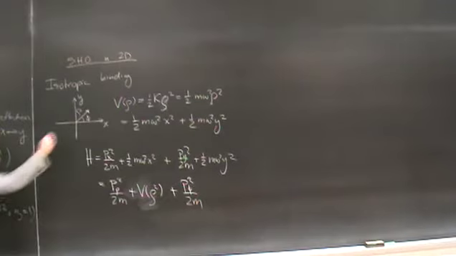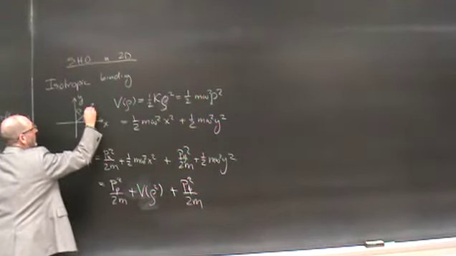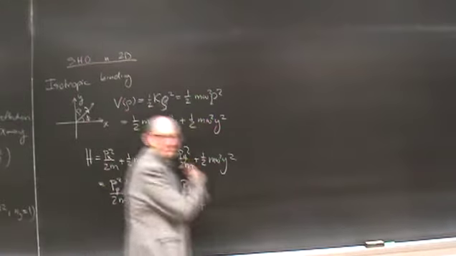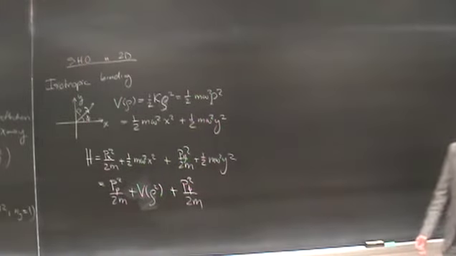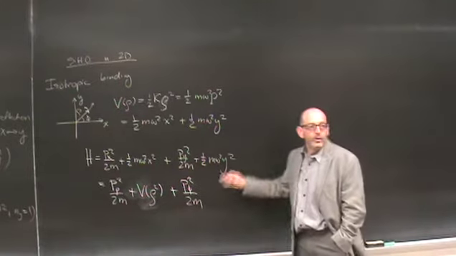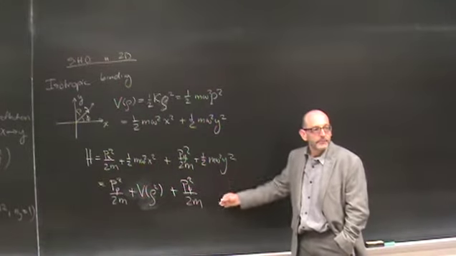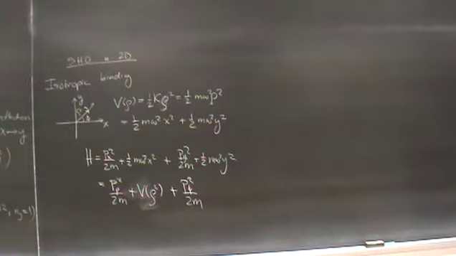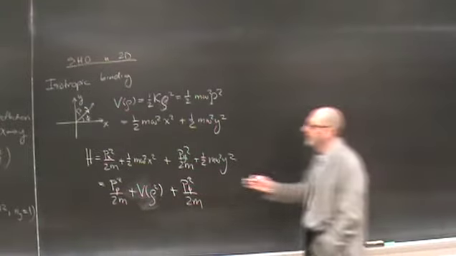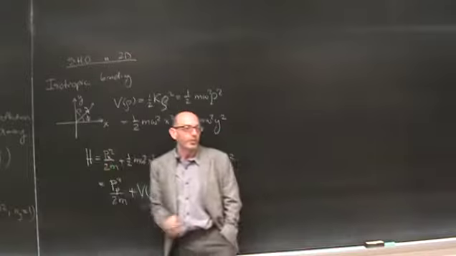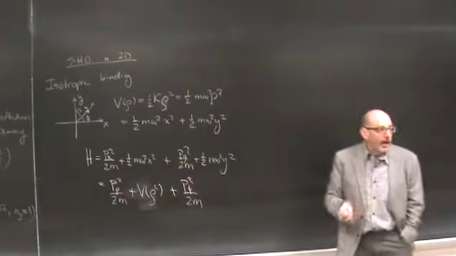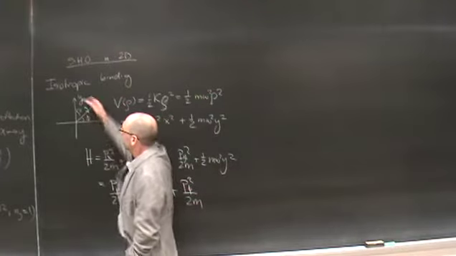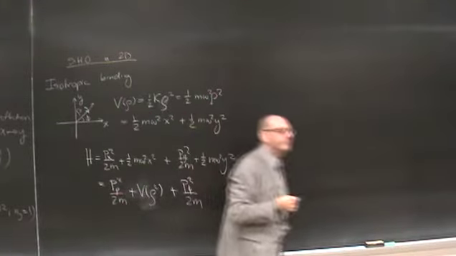Where I can have momentum along rho and momentum along phi, if I like, right? So this problem is separable in two different sets of degrees of freedom. In principle, I could separate it in terms of motion along x and y, or I could separate it in terms of motion radially and tangentially.